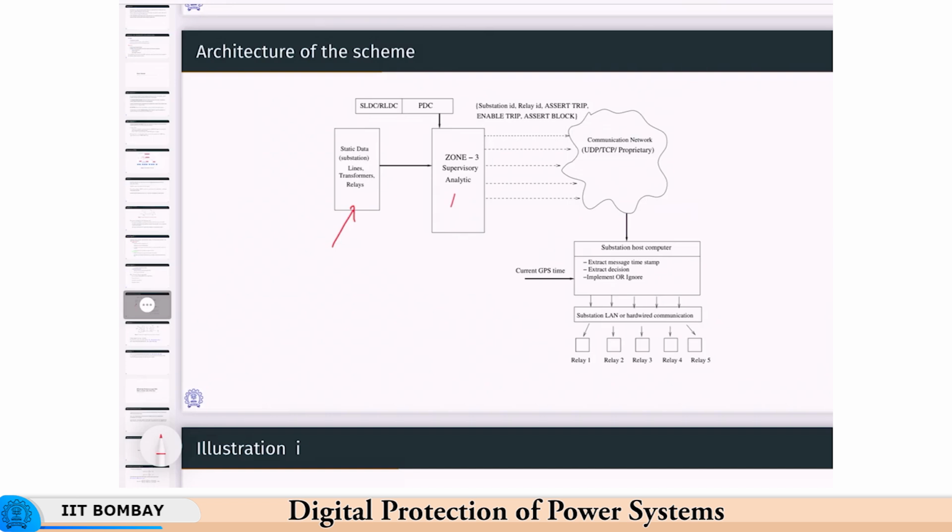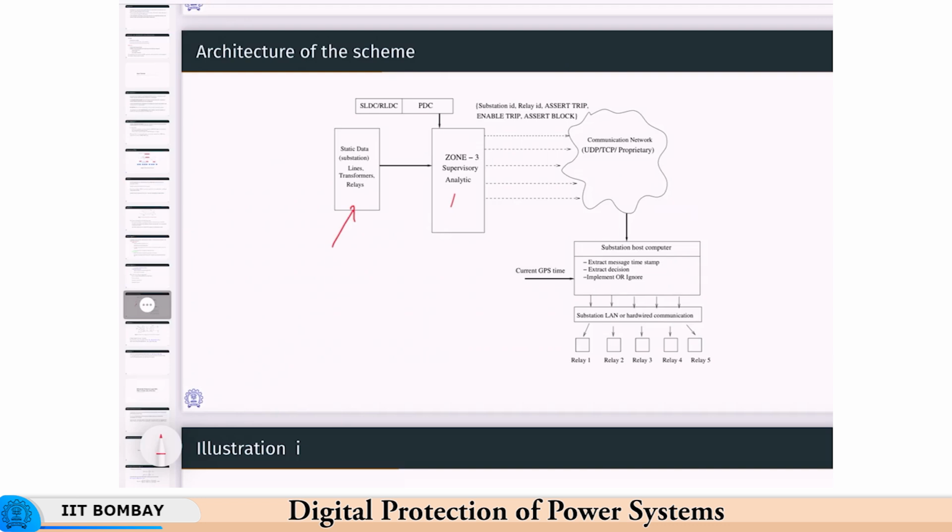Then from the communication network, it will go to the substation host computer, which is there in every substation. It will take the current time, which is the GPS time, compare it to the timestamp and see whether the decision itself is current or not, and then extract the message. First extract the timestamp and compare it to the current time, then extract the decision, whether it is the enable trip, the assert block or the assert trip, and then either go ahead with implementing it or ignore it.